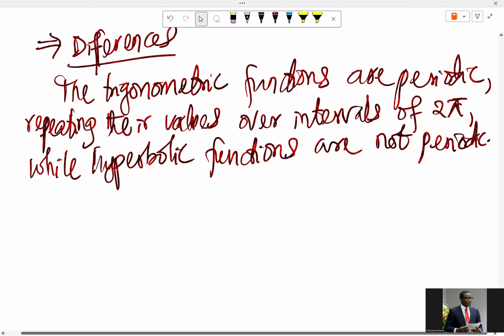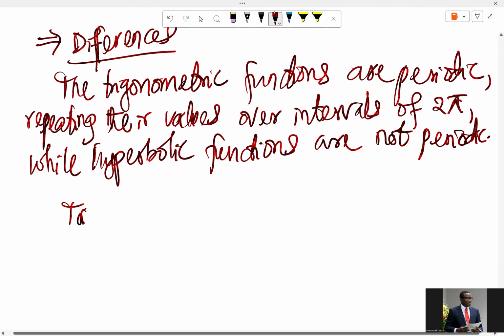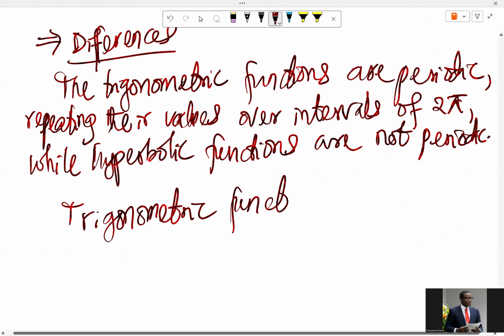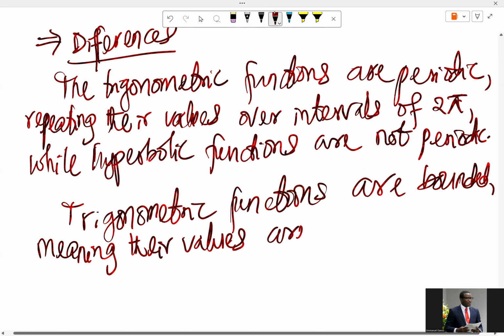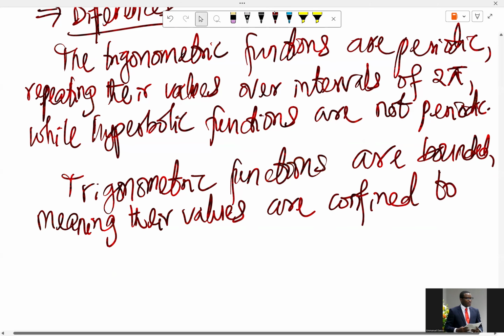Again, trigonometric functions are bounded. They are bounded, meaning their values are confined to a certain range.